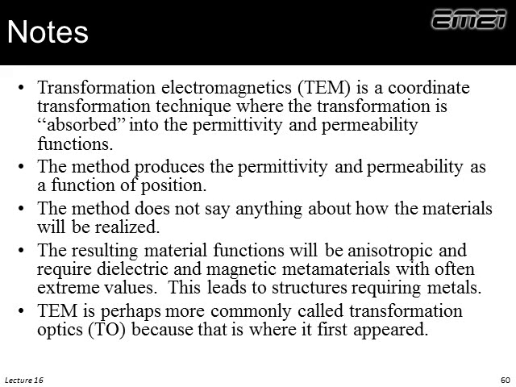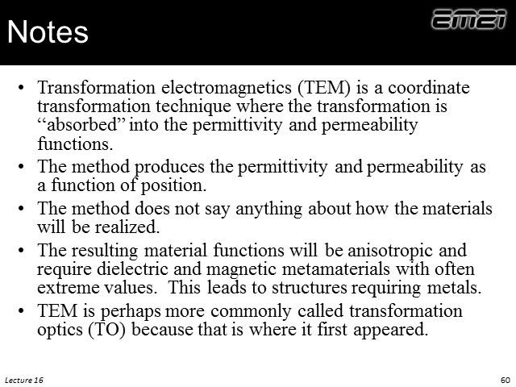So that ends this lecture. I do want to make a few final concluding remarks. Transformation electromagnetics, or transformation optics as it's called a lot of times, is a coordinate transformation technique. We define some coordinate transform that would bend the fields in whatever manner we want.